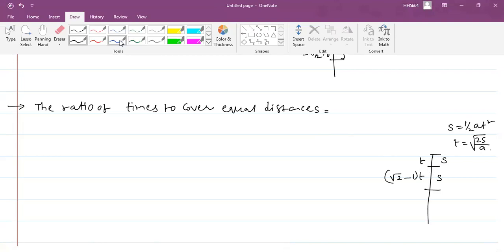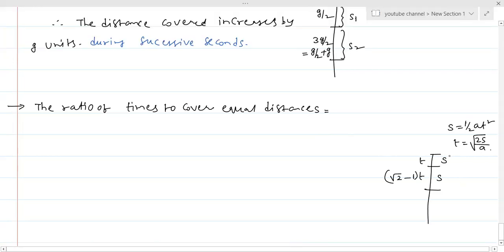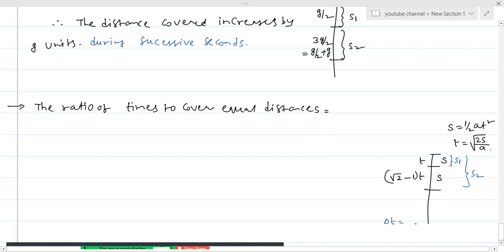Now we will understand this in this way. For example, this will be S1 and this will be S2. For the second half, let us say delta t is equal to root over 2s2 by a minus root over 2s1 by a.